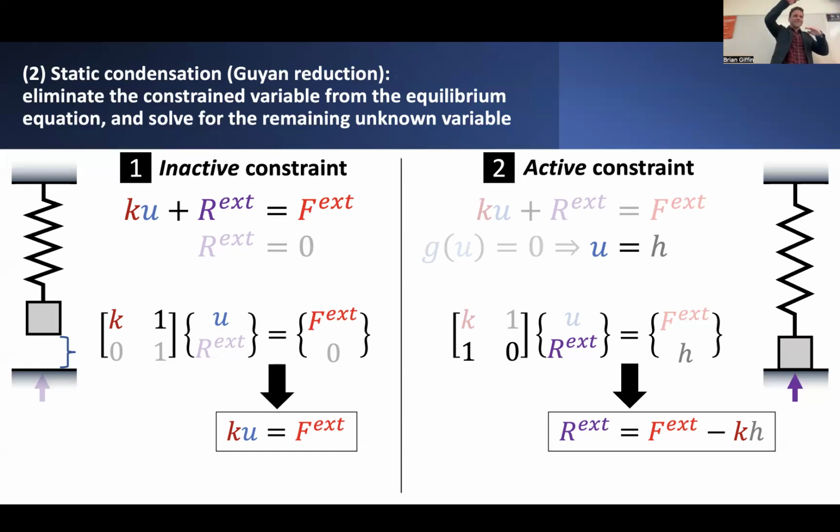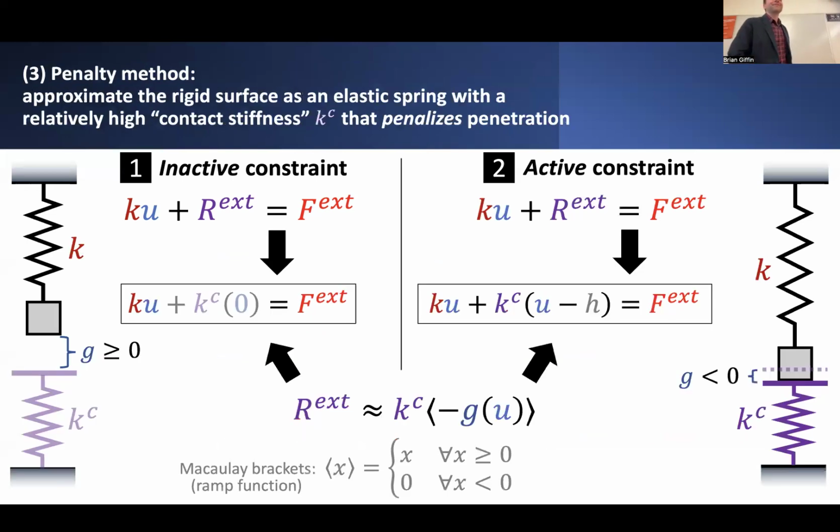So once the block touches the surface, maybe it can compress a little bit itself. And that's kind of equivalent to saying, let's add an extra spring, but a spring that has, again, this initial separation built into it, but such that once the block does come into contact with that other spring, it can compress. So that's precisely this third approach, which is sometimes more broadly referred to as a penalty method.